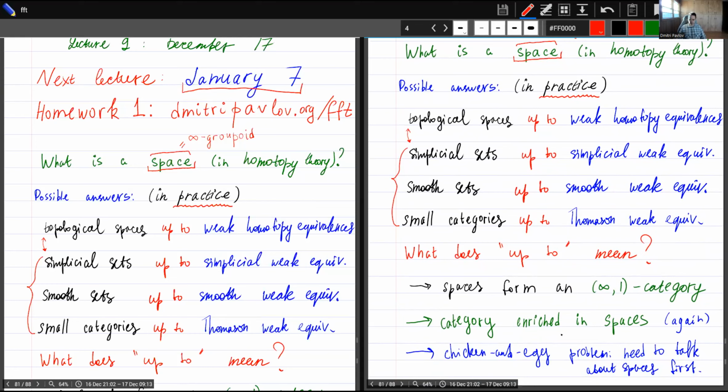And in order to talk about spaces, well, we mentioned the most natural way to talk about them would be as an infinity-1-category, but since this creates a circular reasoning problem, I will talk about spaces first from a naive point of view as a 1-category, and then we can discuss what should be done to turn them into an infinity-1-category.